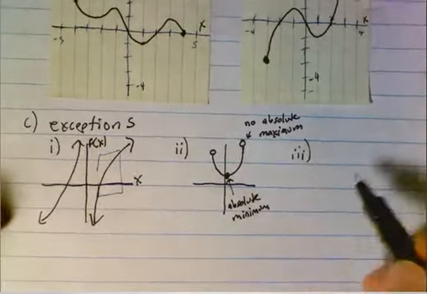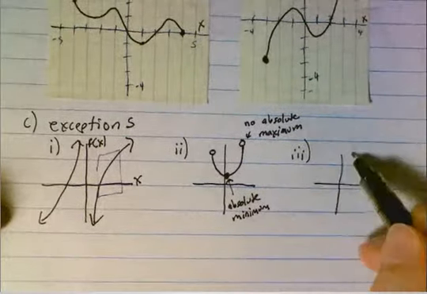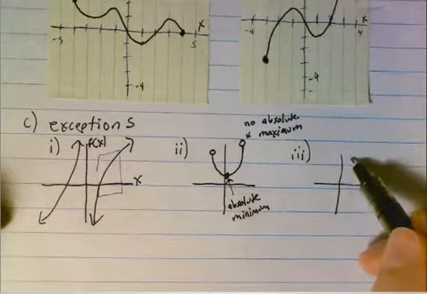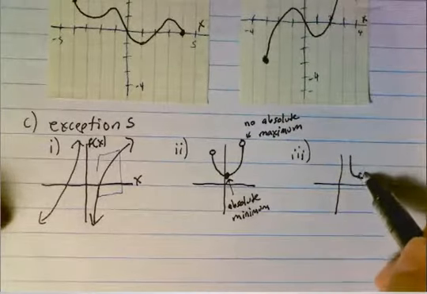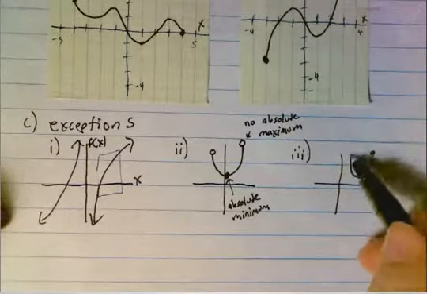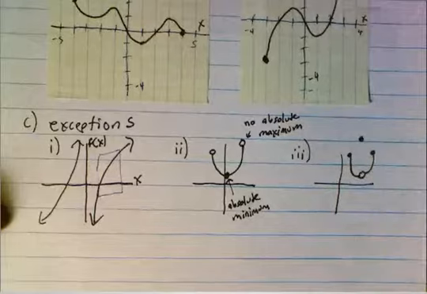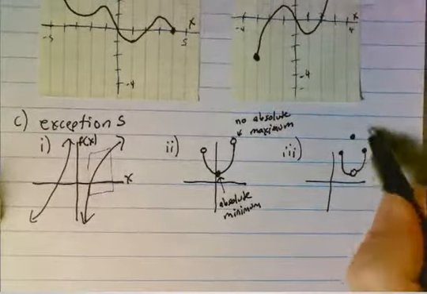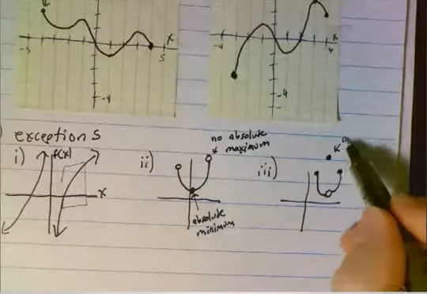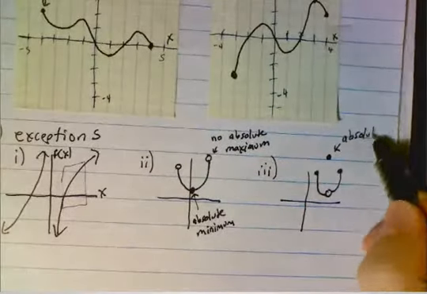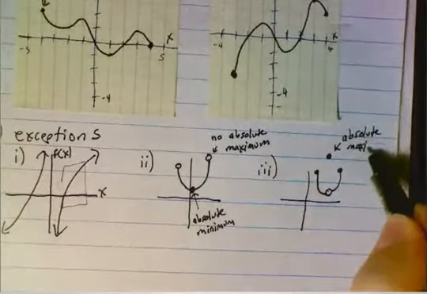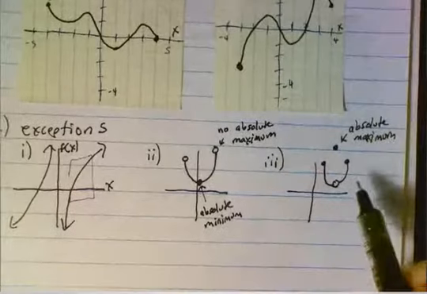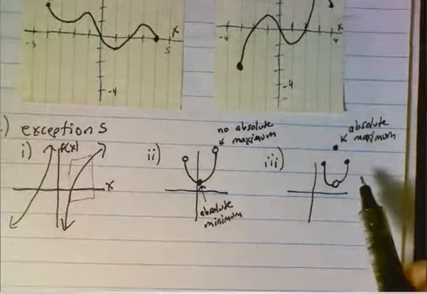If, on the other hand, we have something like this, where there's a discontinuity, and this point, instead of being down here like we'd expected, is up here, this is the highest point, so it is the absolute maximum. It just makes our brain hurt because it's not where we think it should be.